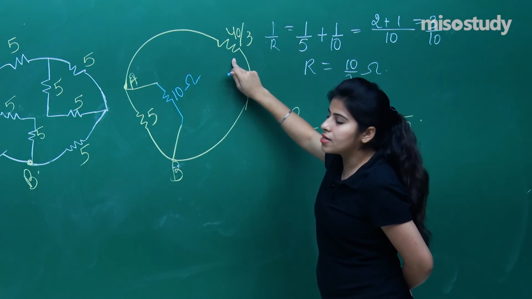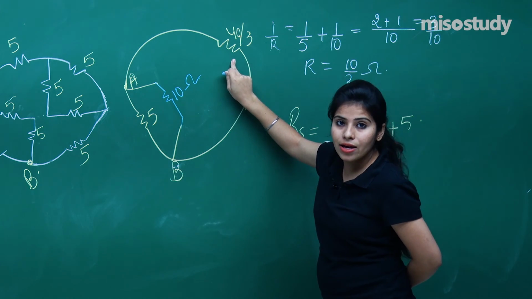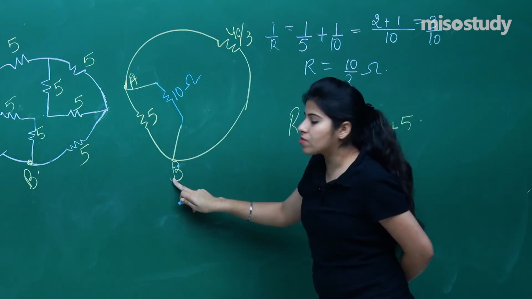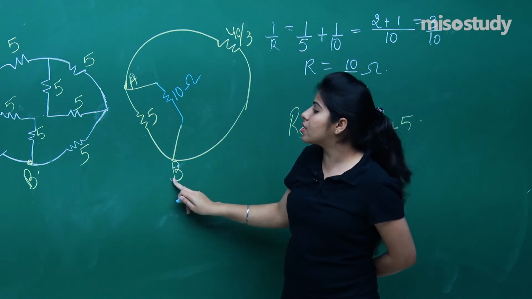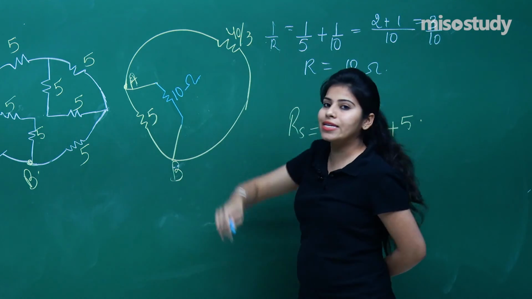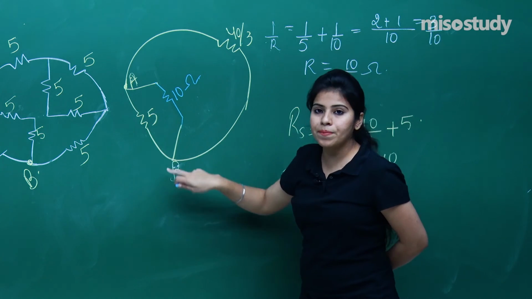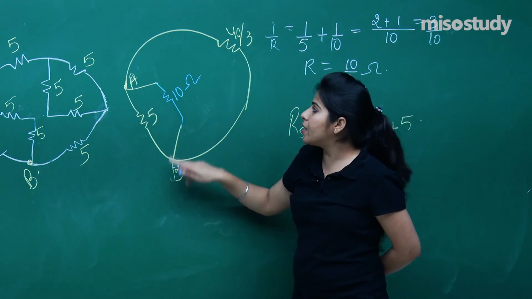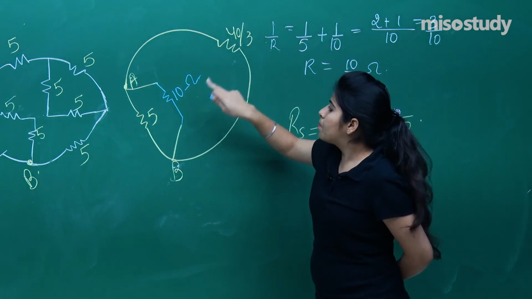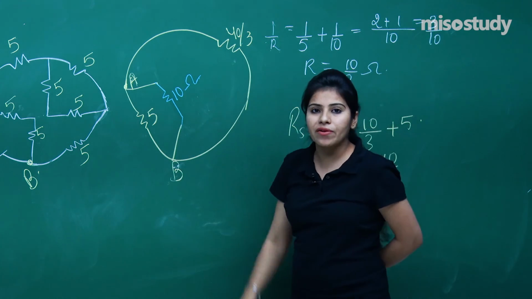These three resistors are connected in parallel. To find the equivalent resistance, the effective resistance across A and B, the combination will be 3 by 40 plus 1 by 10 plus 1 by 5.